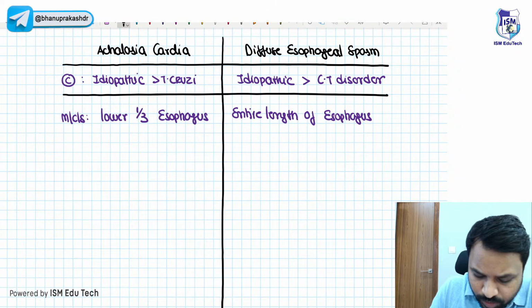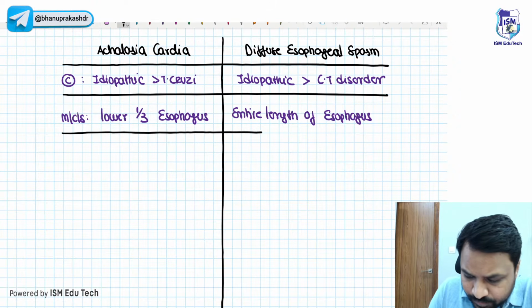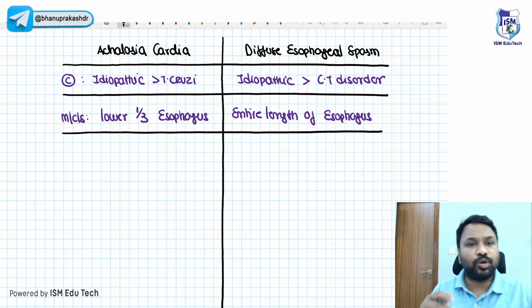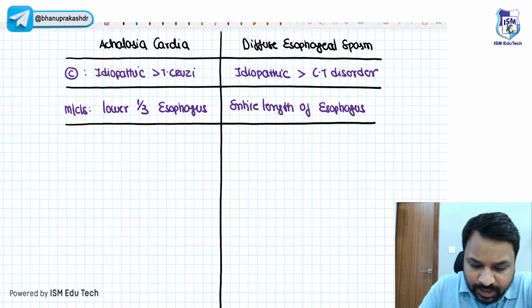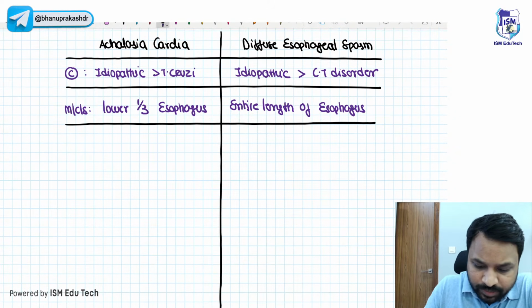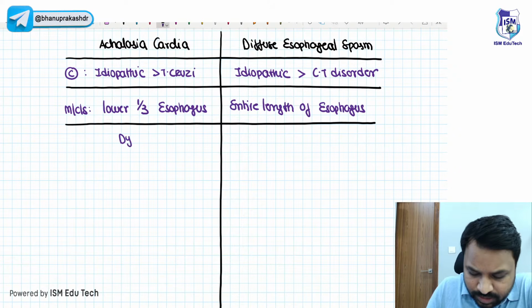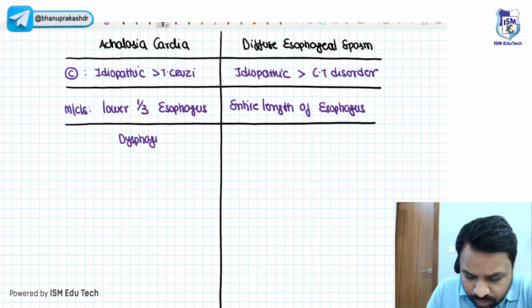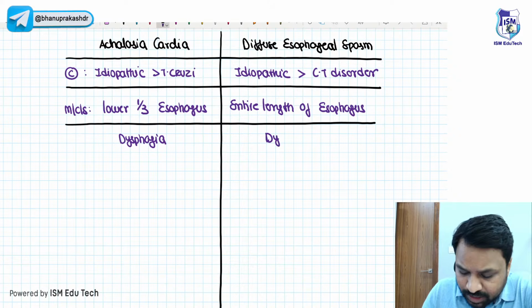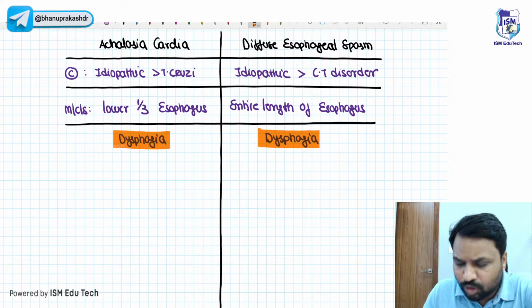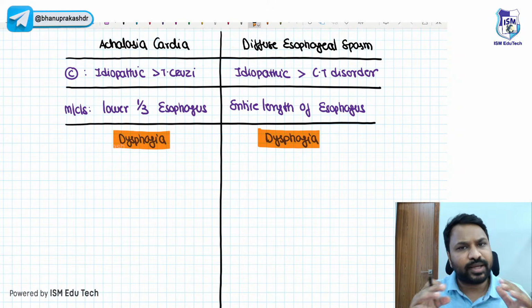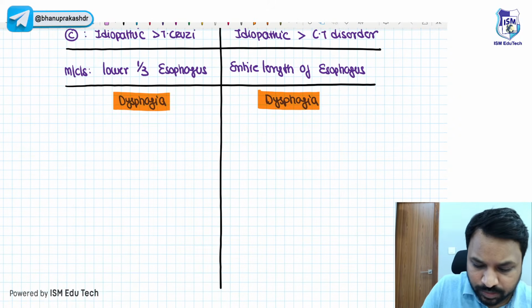One of the most important aspects with respect to both achalasia cardia as well as diffuse esophageal spasm is their clinical presentation. Both of them are going to present with dysphagia. Remember, there is a standard determining questionnaire for dysphagia, no matter which condition you see. Any patient who comes to you with dysphagia, you will ask 3 questions.